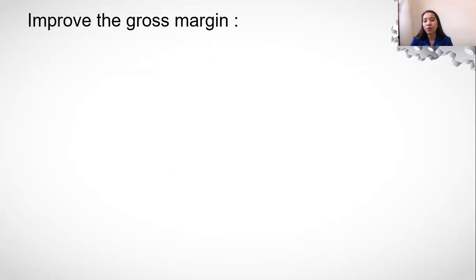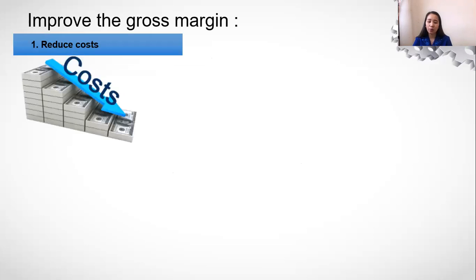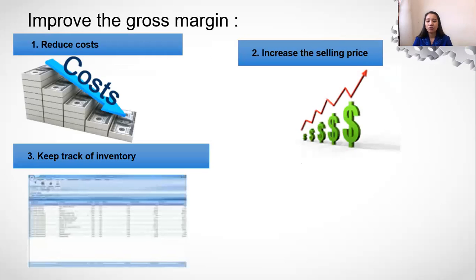So we want to make it cheaper, just to win the customer's heart. Here are some reasons it decreases, but there are some ways to improve. These are the recommendations to improve the gross margin. The first one is reduce cost, like transport costs, even the inventory itself. Next is increase the selling price, so our profit increases. Then keep track of inventory to make sure it is of good quality and that the inventory turnover rate is good.